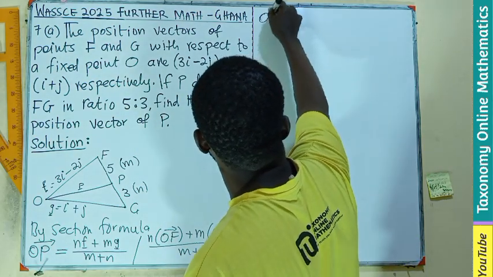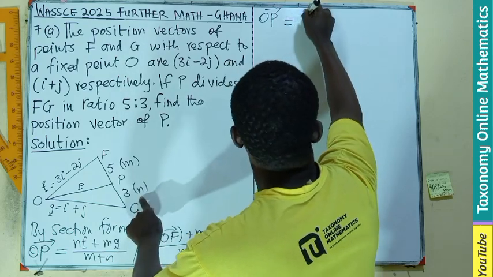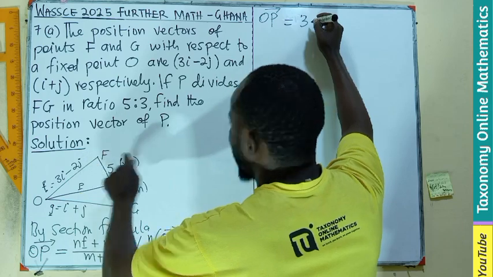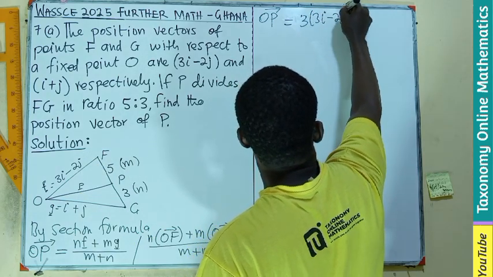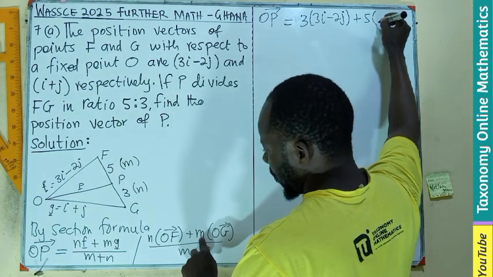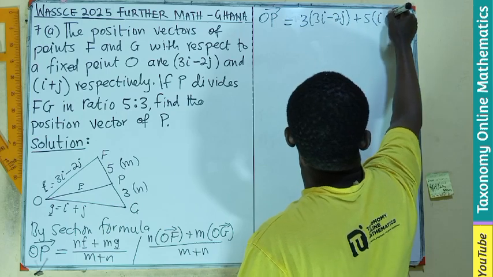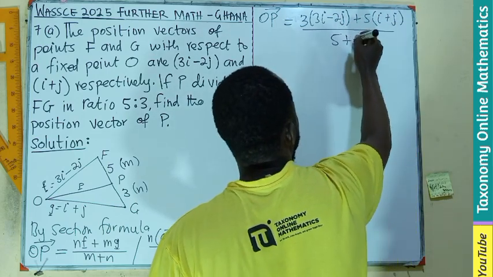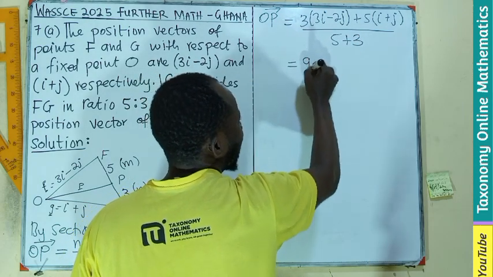So my position vector OP becomes N, which is 3, multiplying the position vector OF, which is 3i minus 2j, plus M, which is 5, multiplying position vector OG, which is i plus j, all divided by 5 plus 3.